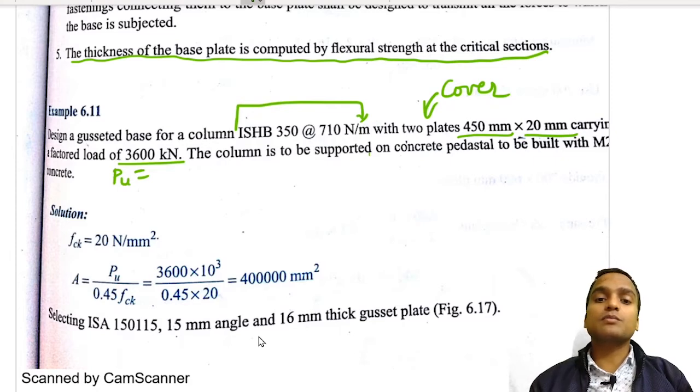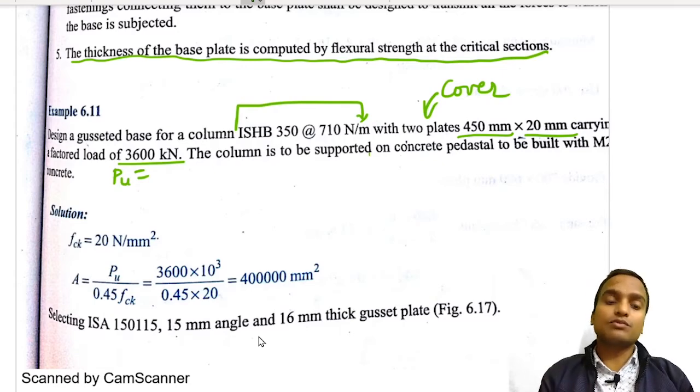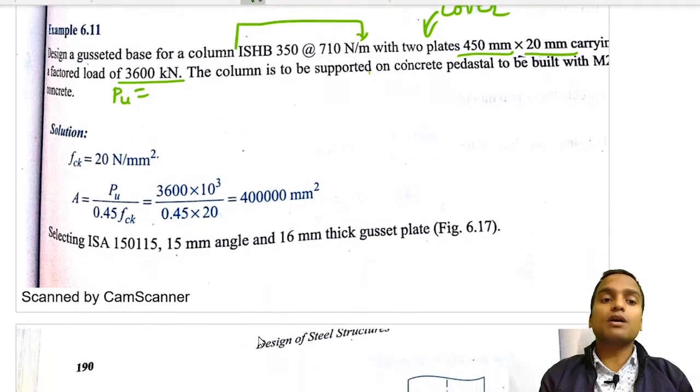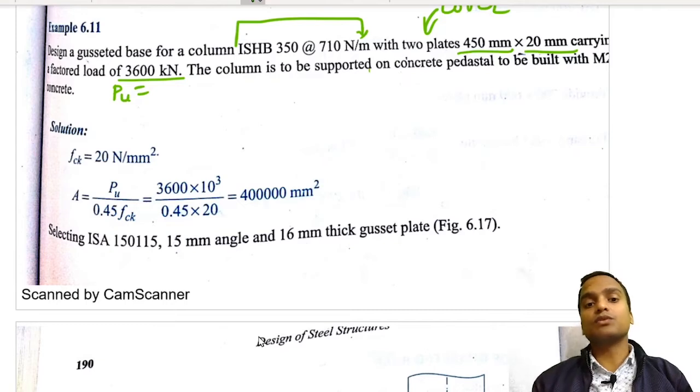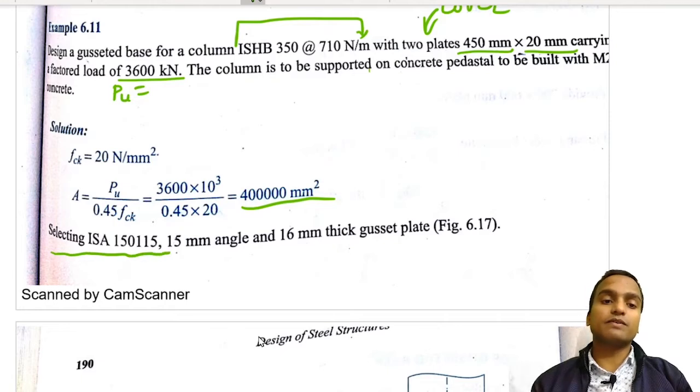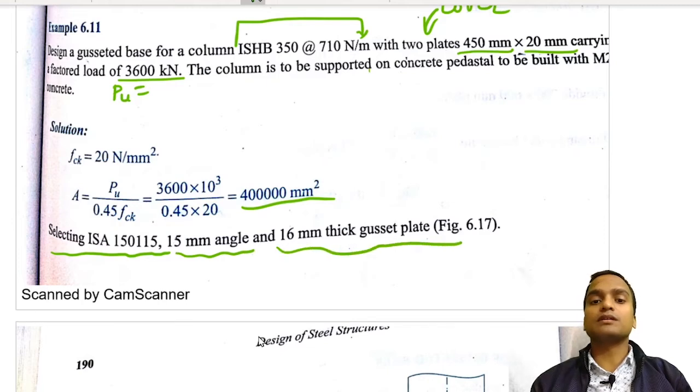And the column is to be supported on concrete pedestal to be built with M20 concrete. So here FCK is 20 Newton per mm square, and area required in this case will be equal to almost 400,000 millimeter square for the base plate. And now we have selected ISA angle 115 by 115 and 15 mm angle and 16 mm thick gusset plate.